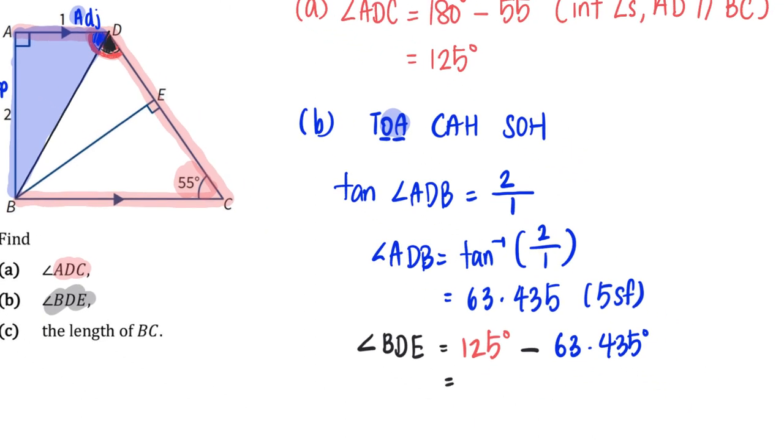This gives me 61.565. Final answer: 61.6 degrees to 1 decimal place. Let's move on to the last part of this question.